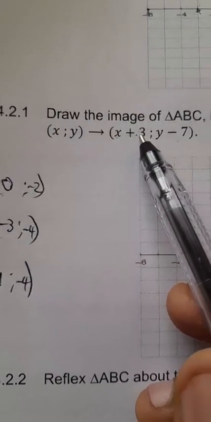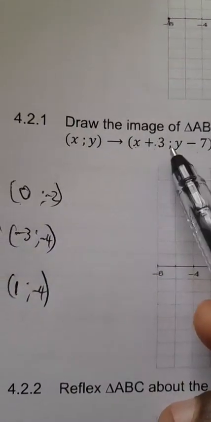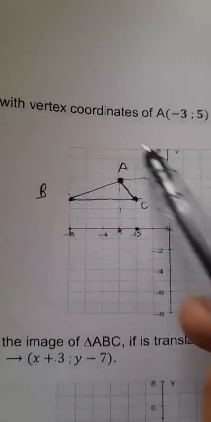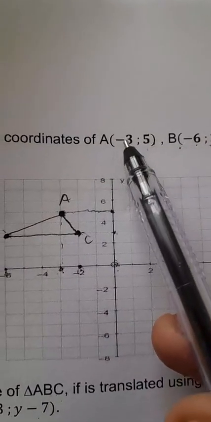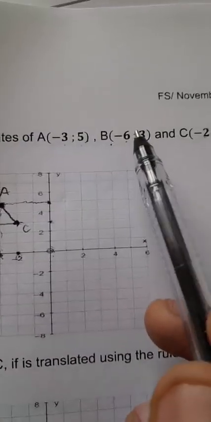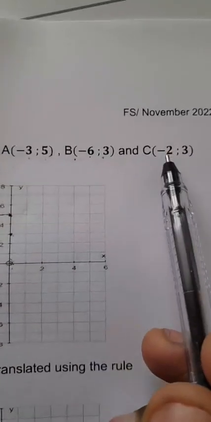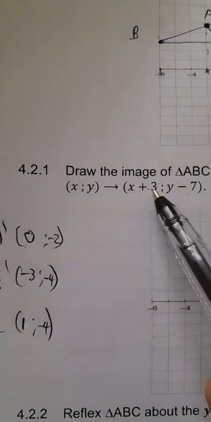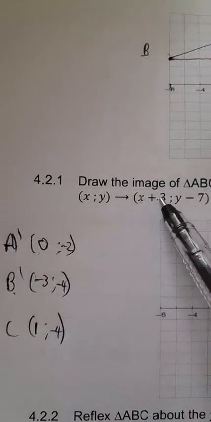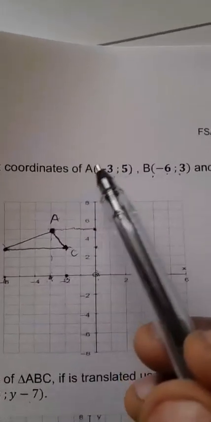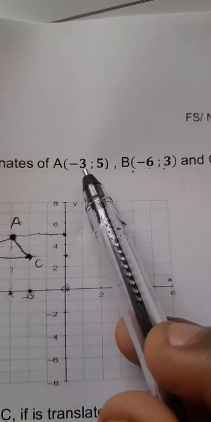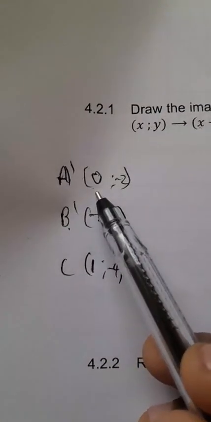Add 3. It means we go to -3 for X, -6 for X, -2 for X, and we add 3. This is the instruction. How we translate is that we add 3 to our X value for each point. So we're going to do that, and this is what happens. You add 3 to -3, you get 0.